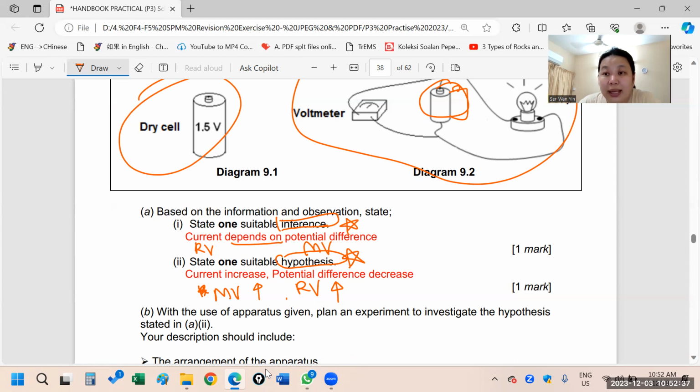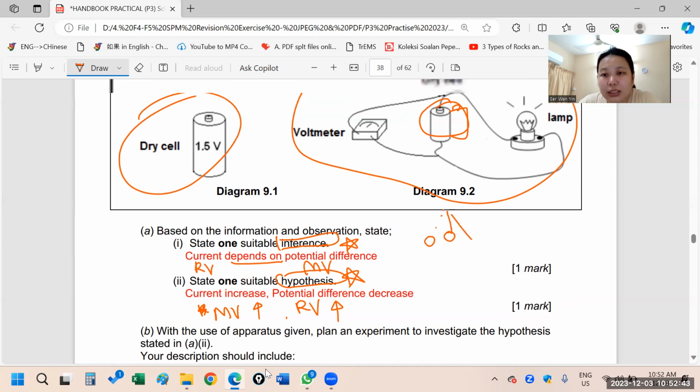And for example, your pendulum. Inference for the pendulum: the time period of the pendulum depends on the length.